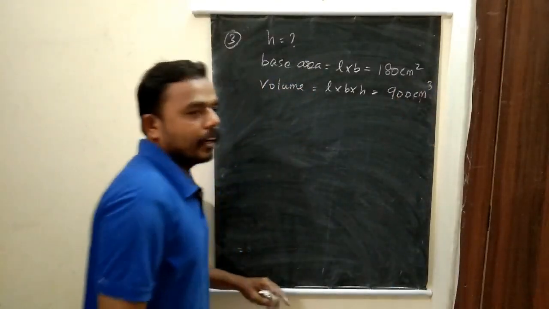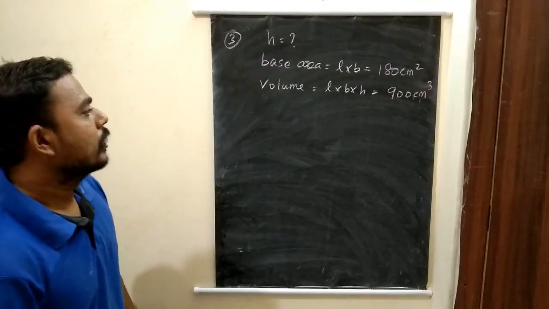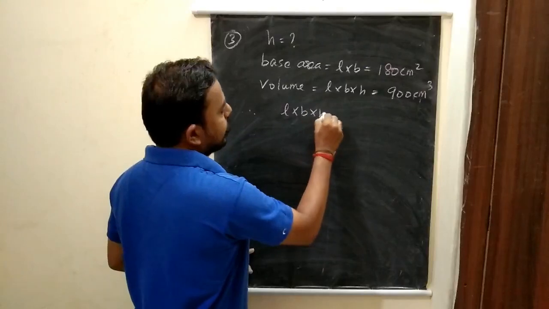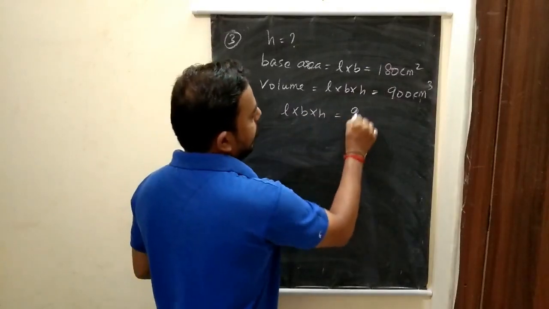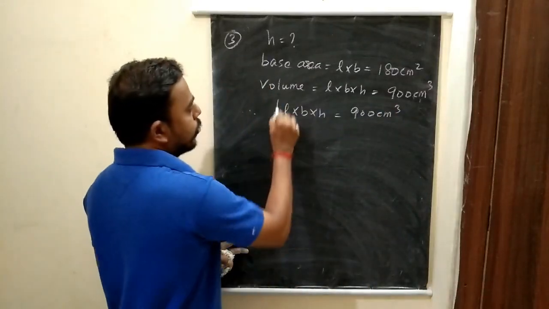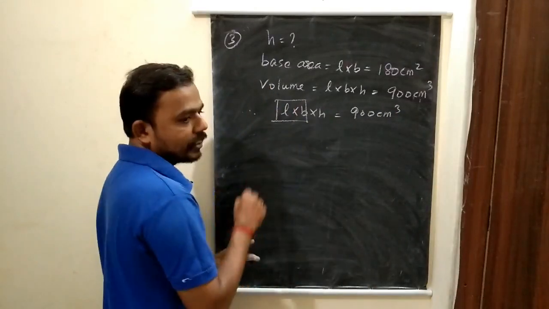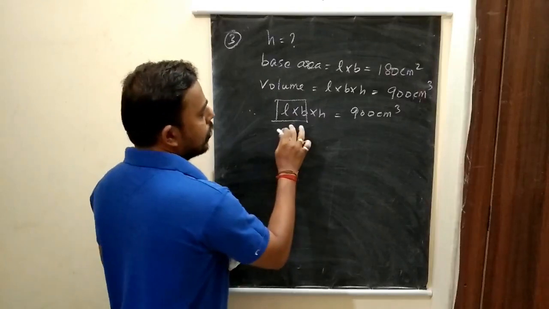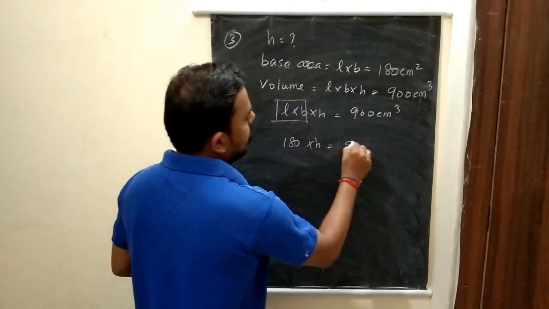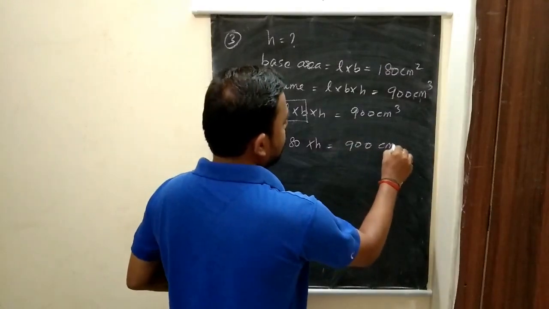Now the units are equal, so the volume L into B into H equals 900 centimeter cube. Substitute the L into B value. Already we discussed the same example problem. So L into B value is 180. So 180 into H equals 900 centimeter cube.